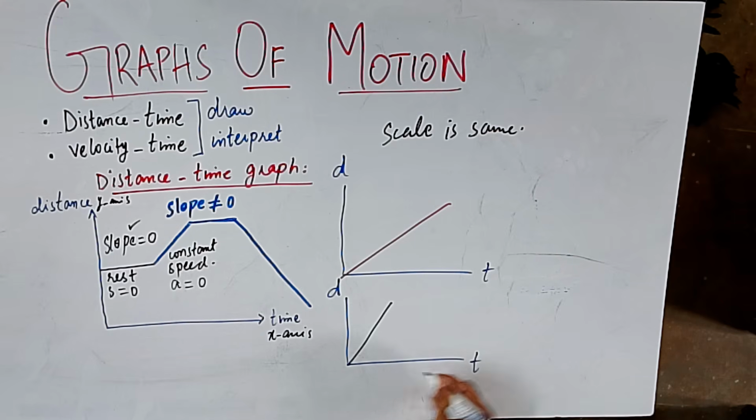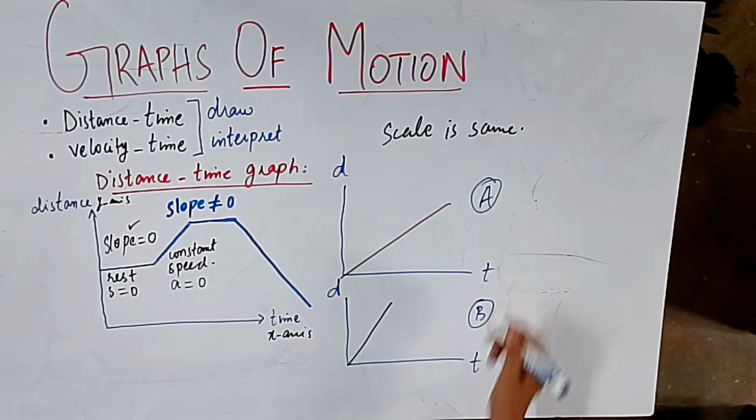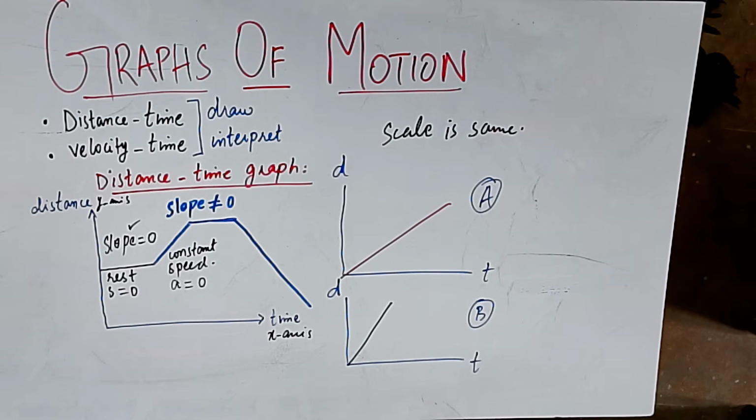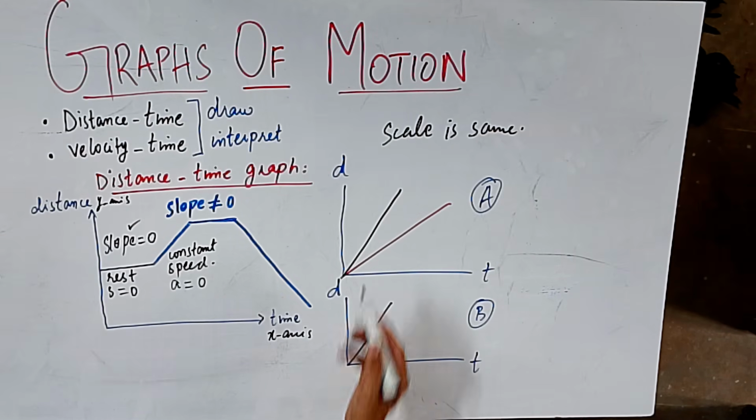But for graph B, or the object B, I can draw it on the same graph as well. For example, if I draw this line on this graph, it will look like this. So it is for the comparison. If you look at this black line and this red line, both lines are showing constant speed.